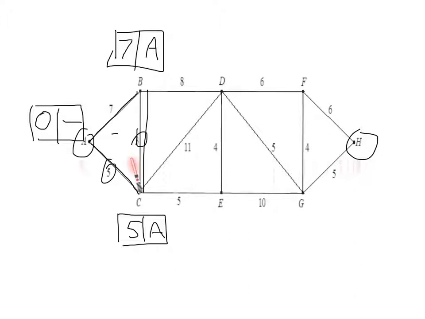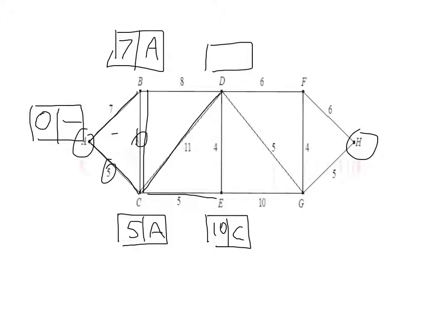From C, I can go along here this way, to E. If I come from C, my distance is 5 and 5 is 10, and I've come from C. That's that path there, or I could go this path here, from C to D. I've got 5 and 11 is going to be 16. So it's going to be 16 from C.